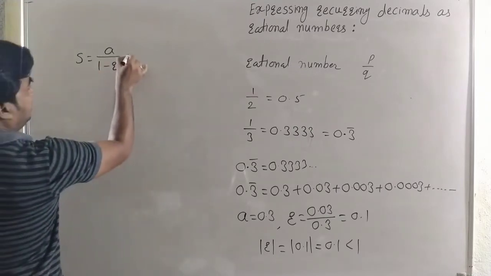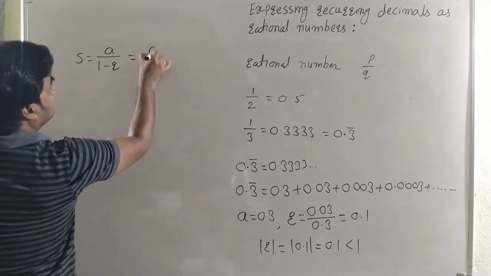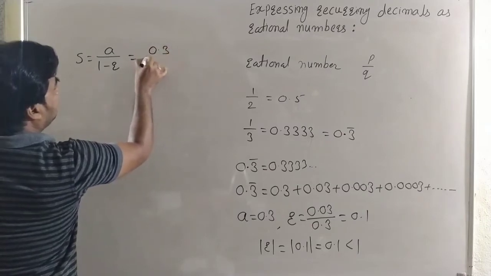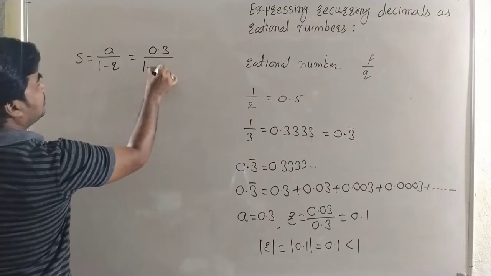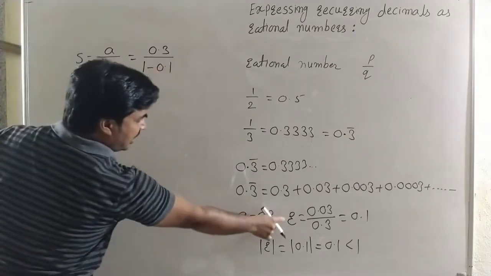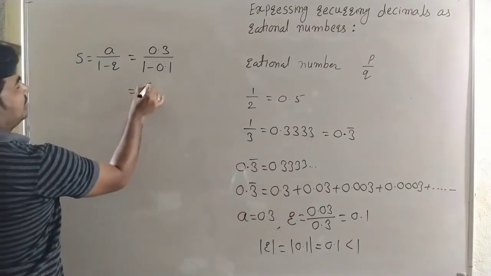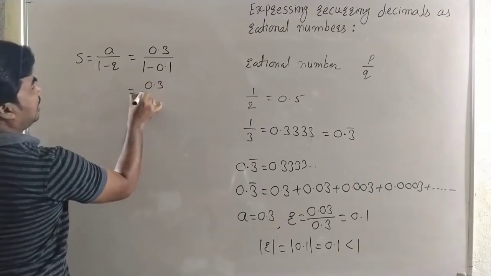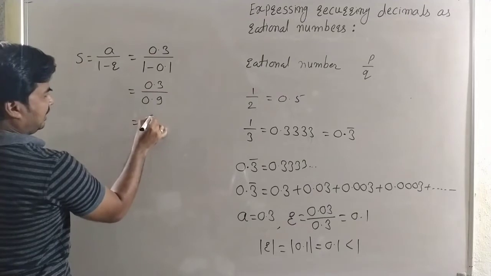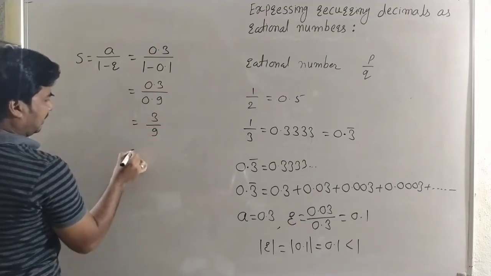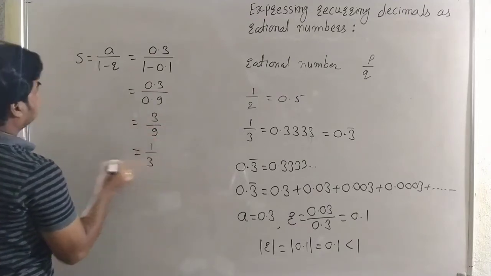Here a is 0.3 and r is 0.1, so it is 0.3 upon 0.9, that means 3 by 9, and 3 by 9 means 1 by 3.